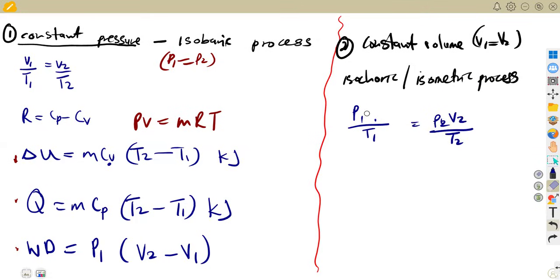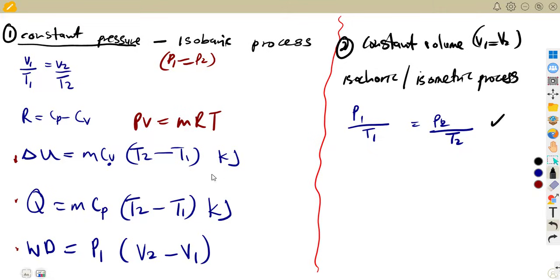It means we can just divide by this and this. It cancels. So at the end of the day, we're just going to remain with P1 over T1 is equal to P2 over T2, because the volume there is the same. So you relate in terms of the temperature.